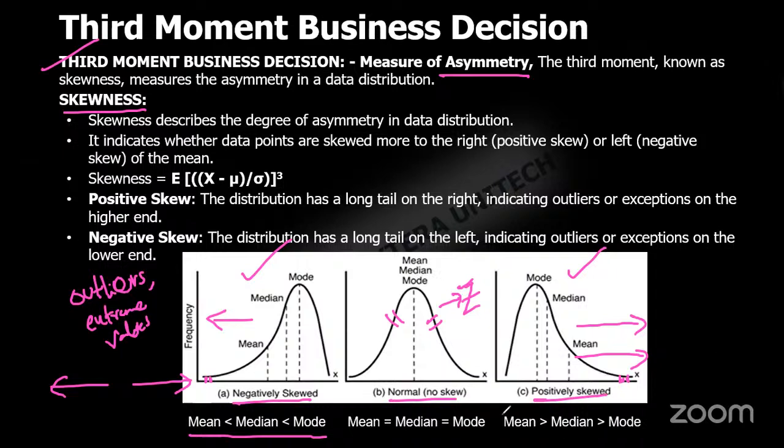That is why you see the equation: the relation between the first moment measures will be mean greater than median greater than mode. But in the case of negatively skewed data, mode is greater than median greater than mean. But in no skewed data, all of these three will be seen together.